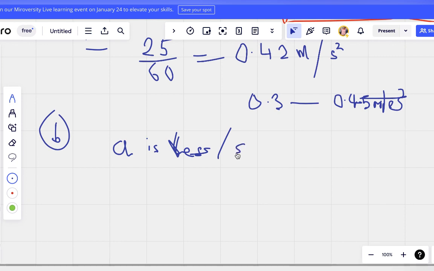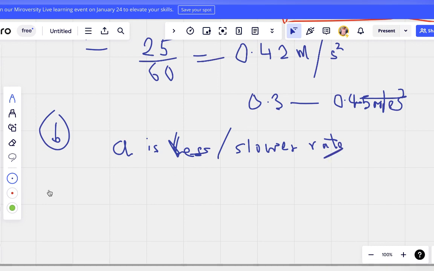Acceleration at 100 is at a slower rate. The vehicle is about to slow down its acceleration, or it has already started slowing down its acceleration. So we say acceleration is at a slower rate, or is beginning to reduce its speed. So that's the first one.